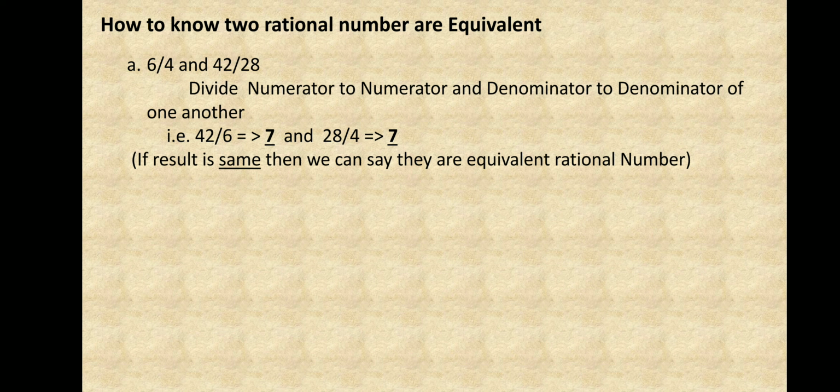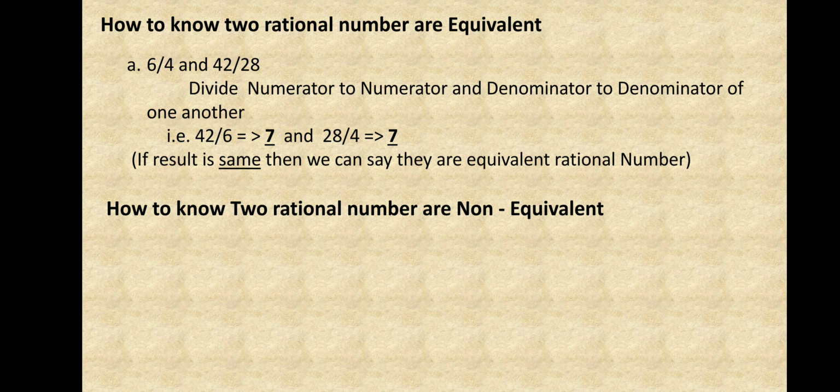So you divide 42 by 6, and what answer do you get? You get 7, am I right? And 28 by 4 is also equal to 7. So the results are the same, and this same result means they are equivalent rational numbers.